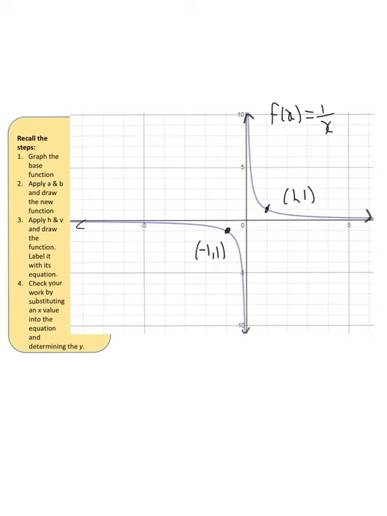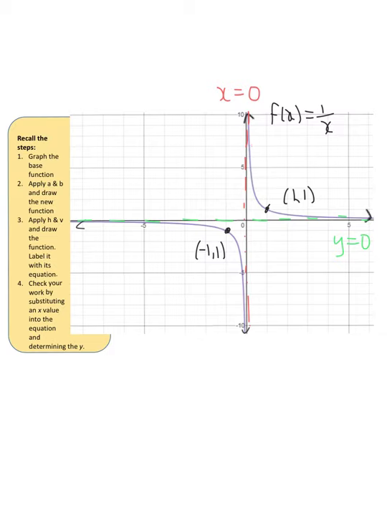So remember, you have a vertical asymptote along the y-axis, which has the equation x equals 0, and you have a horizontal asymptote along the x-axis, which has the equation y equals 0. So you need to include those 2 asymptotes clearly, and then your 2 sections of your graph.